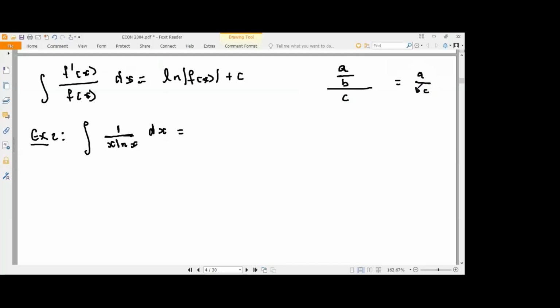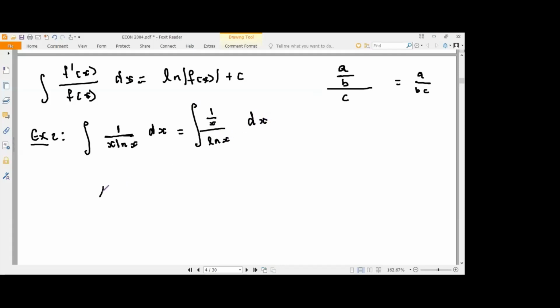So what I'm doing here is demonstrating how we're going to break this up, so I can move between these two results. So with 1 over x ln x, I can write it as 1 over x divided by ln x, and I'll be integrating this here with dx.